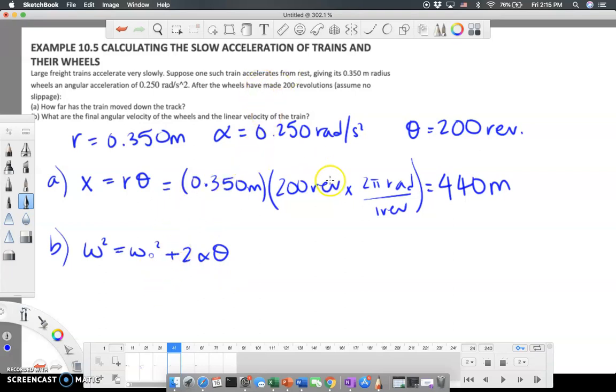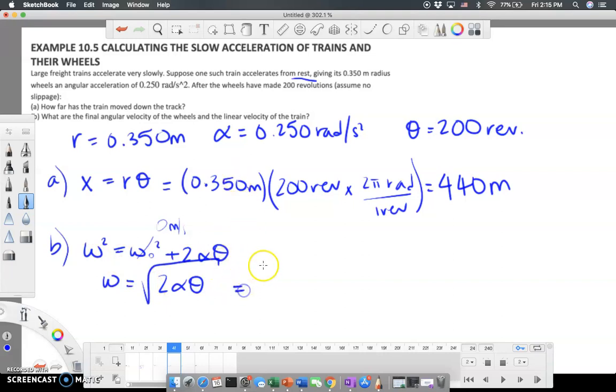It started from rest, so our omega naught is 0. Then we have omega equals the square root of 2 alpha theta.